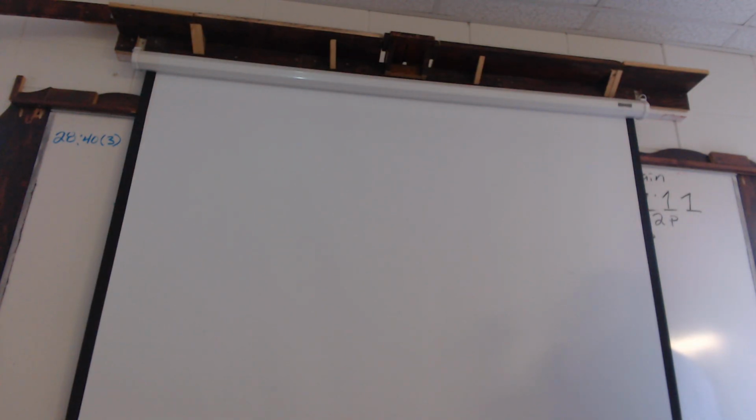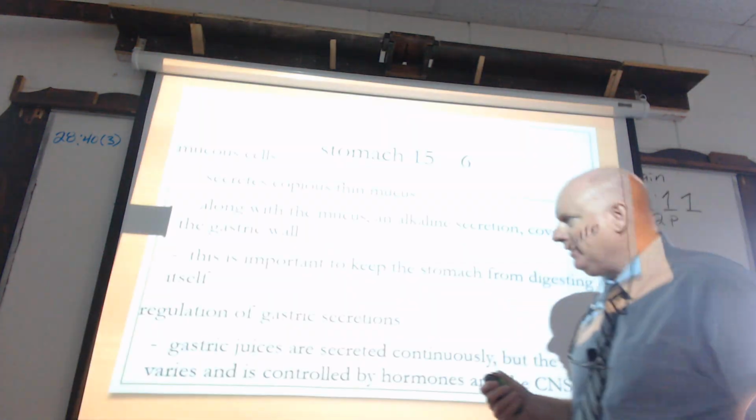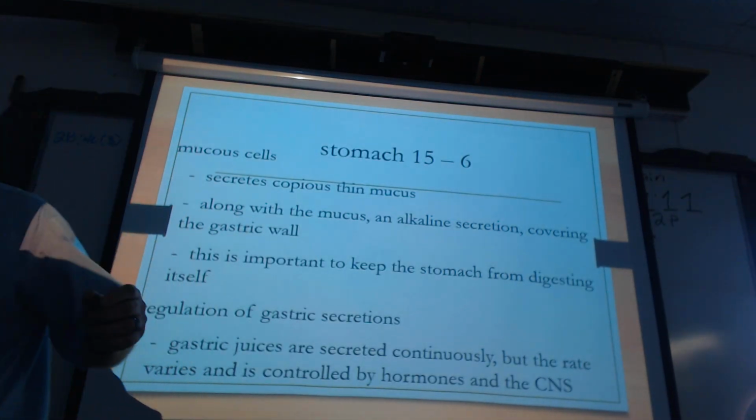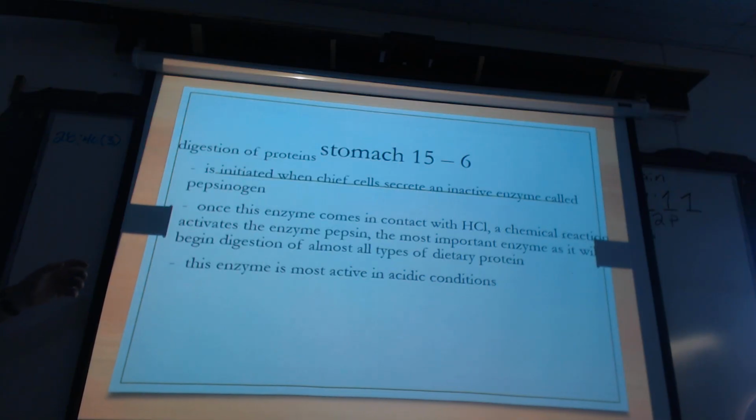Because when that pepsinogen is secreted by these cells, is digestion going to take place by pepsinogen alone? If you said no, that would be correct. But why would that be correct? Because it's not active yet, and it has something to do with the acid. There are lots of biochemical reactions in the body where something like this takes place, something that could be inactive.